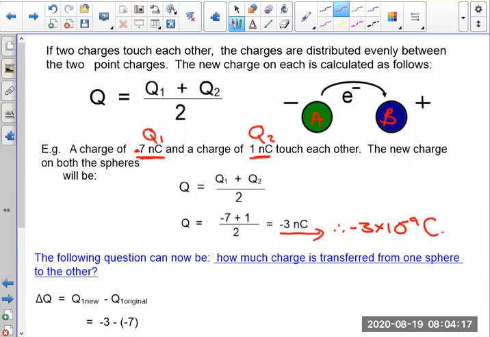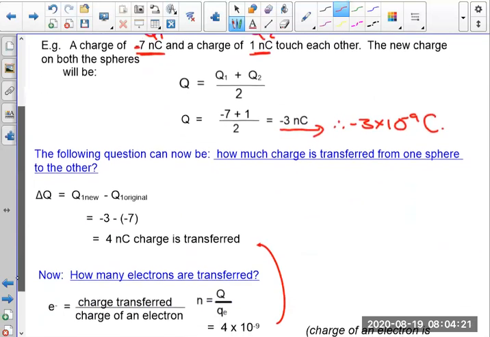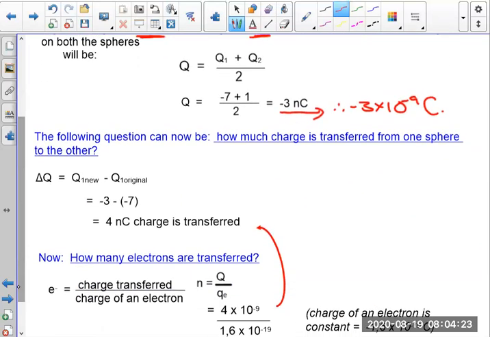Now, what we want to know is how many electrons are transferred. Step 2: the question can be how much charge is transferred from one sphere to the other. If they want to know the amount of charge transferred, then we use this equation, and none of these equations are on your information sheet.